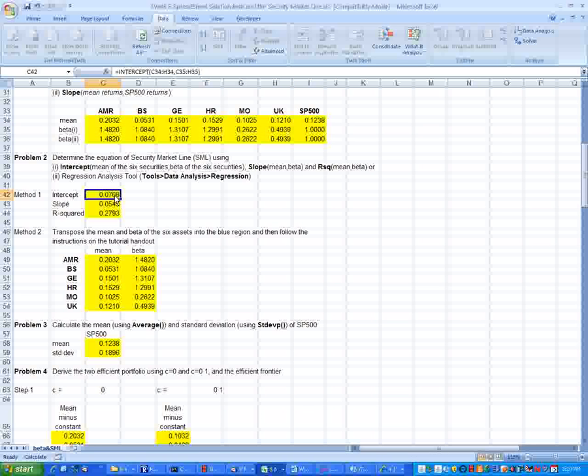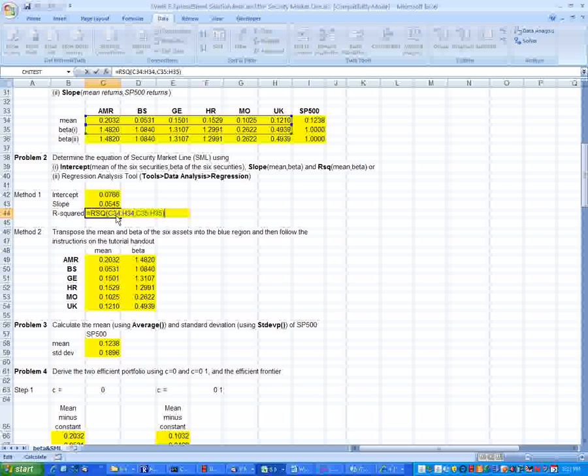We find the intercept, which is the alpha in the linear regression line. We find the slope using the slope command again, but now it's the slope between the returns and the betas, and we find it's 0.054.